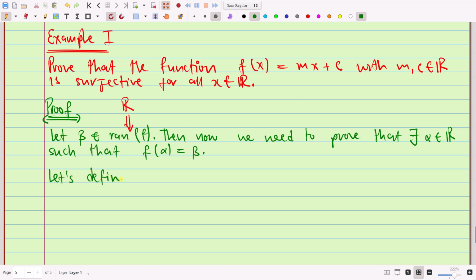So let's define alpha to be beta minus c all over m. So let's define alpha that way. So now what we have.